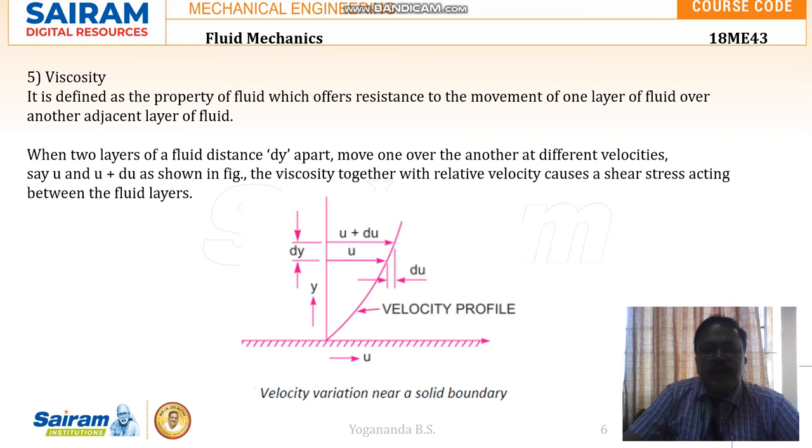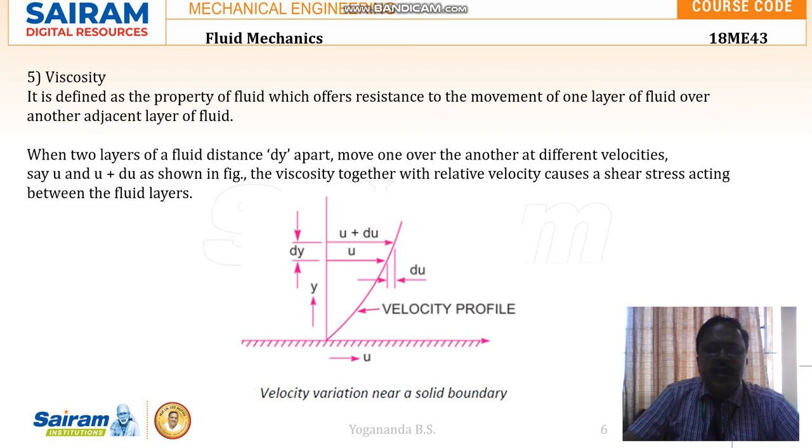If you consider any fluid flowing and take any two adjacent layers, one layer offers resistance to the movement of its immediate layer, maybe the layer on top of it or the layer below it. So each layer offers resistance to the movement of its immediate adjacent layers.